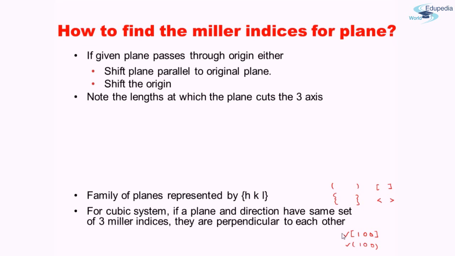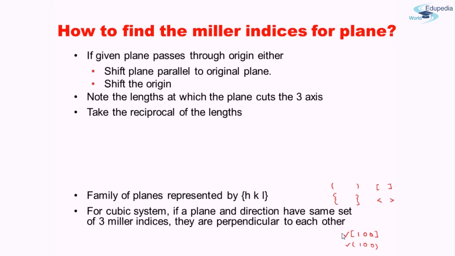Suppose it does not cut one of the axes. That means it cuts the axis at infinity, so you take infinity as the length. Third step, you take the reciprocal of the three lengths which you got. Once you take the reciprocal of the three lengths, it may turn out that one or more lengths are no longer integers.